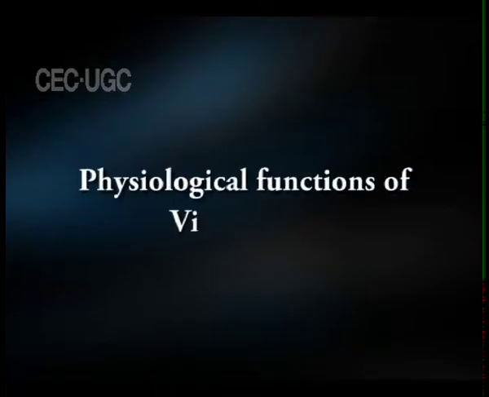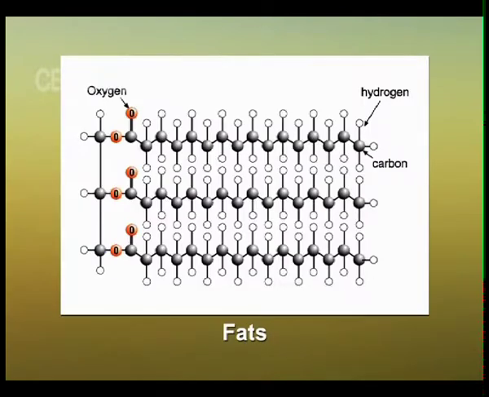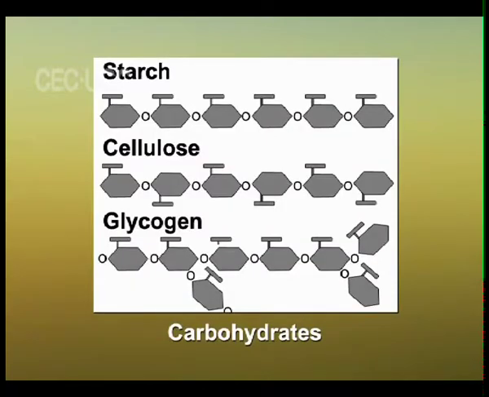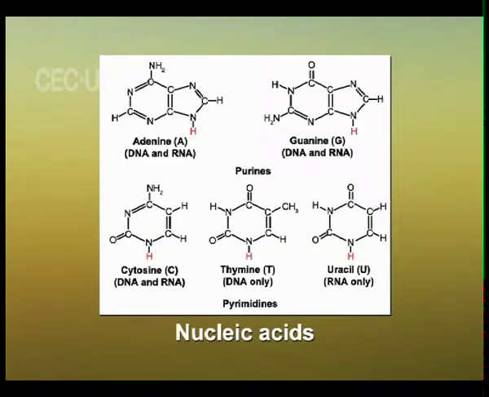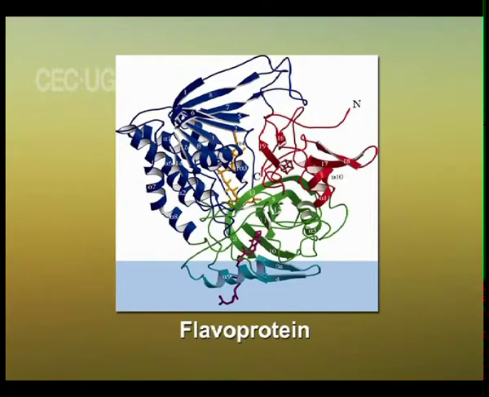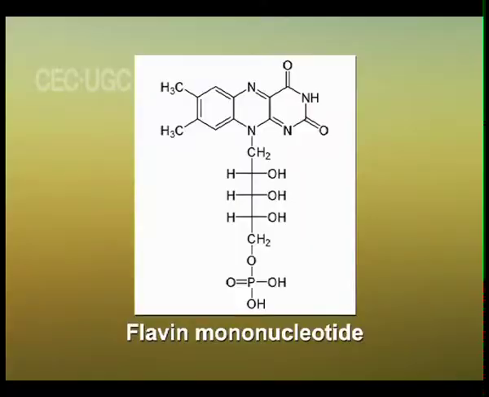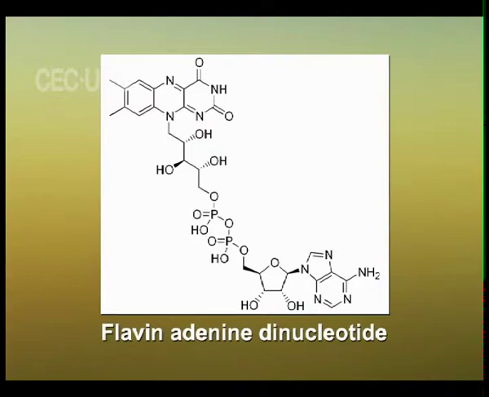Physiological functions of vitamin B2. It is involved in the metabolism of proteins, fats, carbohydrates, and nucleic acids by forming part of the flavoprotein. Riboflavin is a part of the structure of two flavin coenzymes, flavin mononucleotide FMN and flavin adenine dinucleotide FAD.